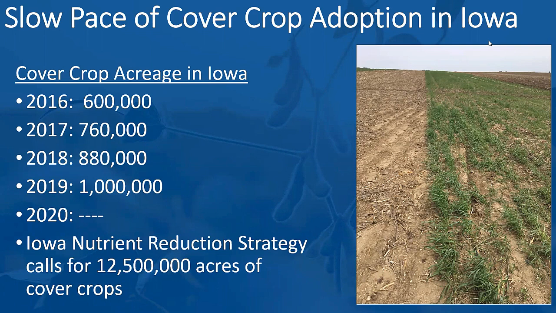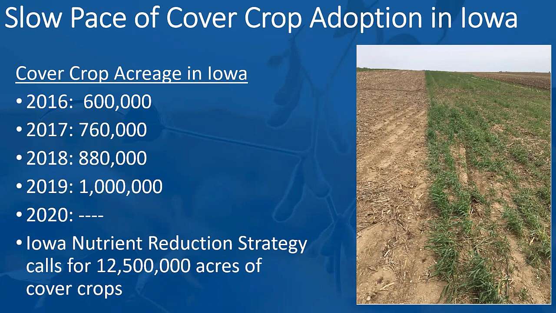This is just one set of numbers you can find on the internet. From 2016 through maybe 2021, we have a rapid increase from 600,000 acres to maybe 2 million, maybe 1.5.